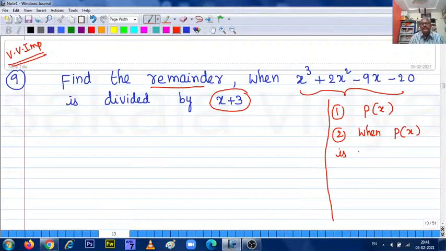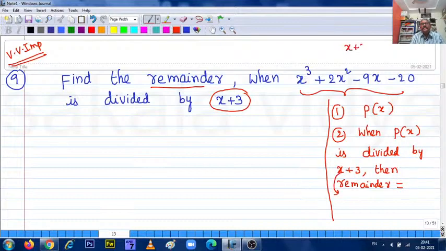When p of x is divided by x plus 3, then the remainder is equal to, this x plus 3 is equated to 0, x plus 3 equals 0.